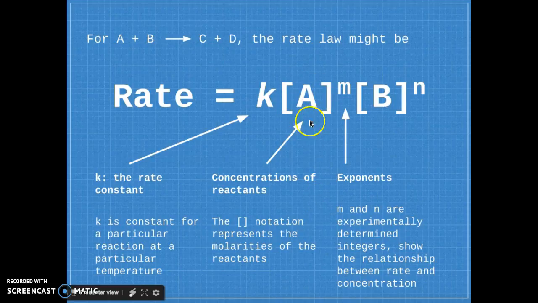So this would be the concentration of reactant A and the concentration of reactant B. And then you'll see these exponents. And those are going to be experimentally determined integers. So they'll be whole numbers, and they're going to show us the mathematical relationship between rate and concentration.